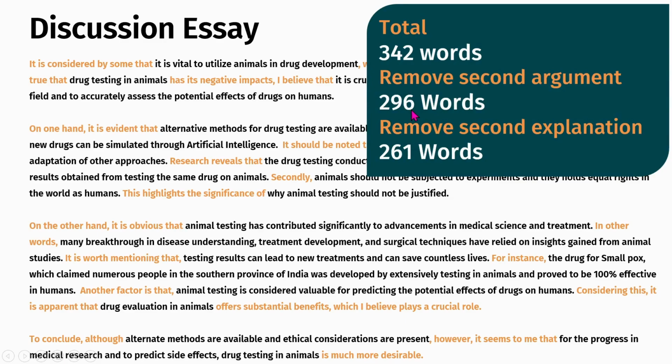So that makes this essay 296 words. And in case you don't have time, or if you didn't get a supporting argument, I just tried removing the second arguments also. That will bring the essay to 261 words. So this is how you write the essays.